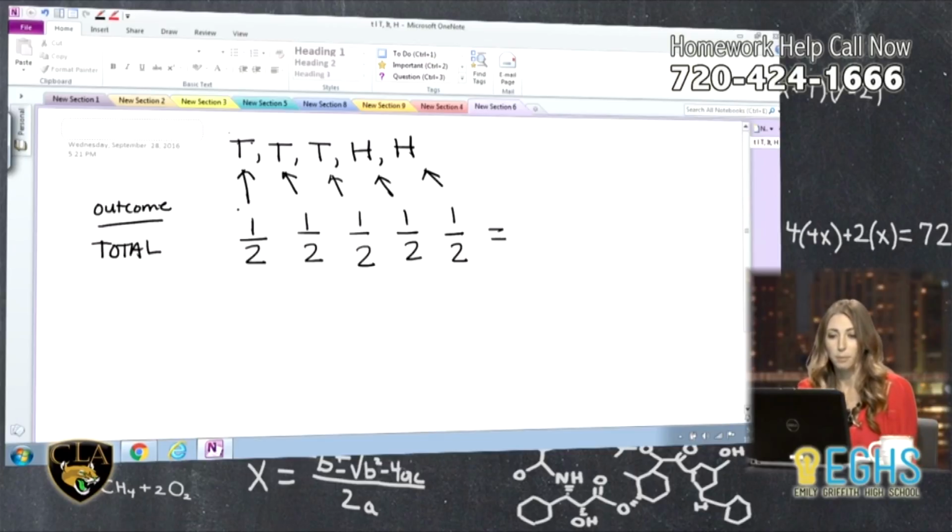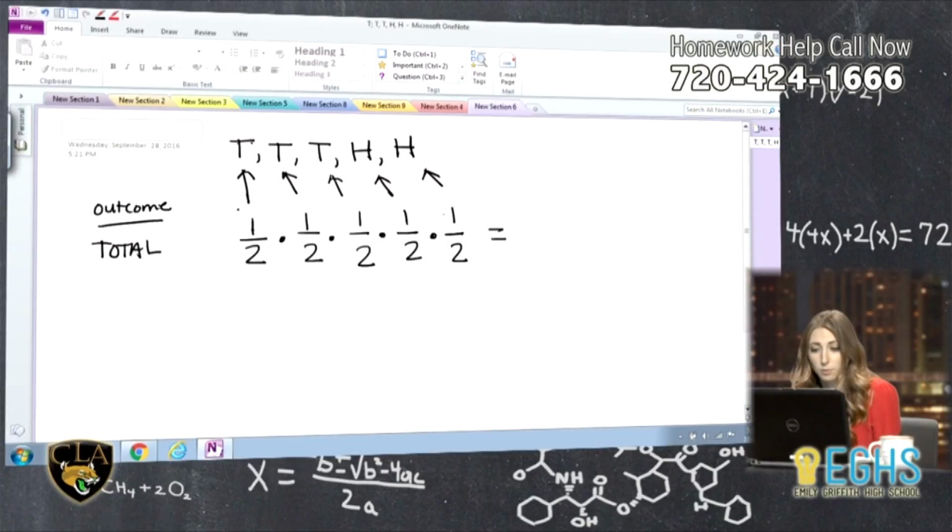So I would take the probability of flipping tails, which is 1/2, and multiply it by the probability of flipping tails again, which is 1/2, 1/2, and 1/2. And we can multiply those all across, and that's going to give me the probability that I would flip these 5 different independent events.